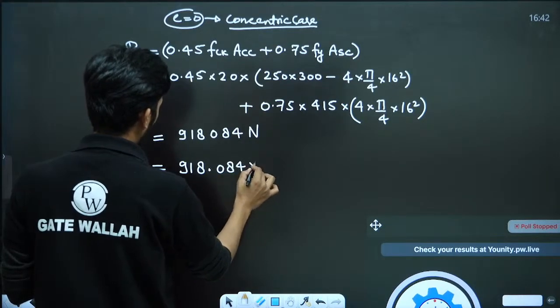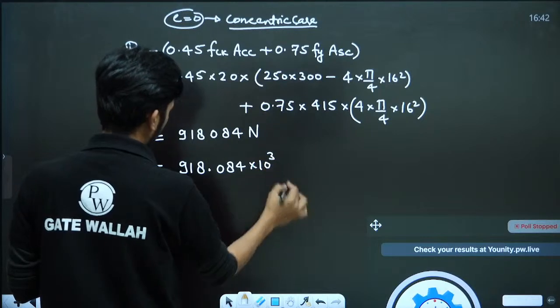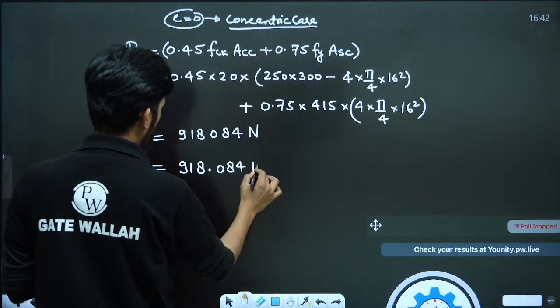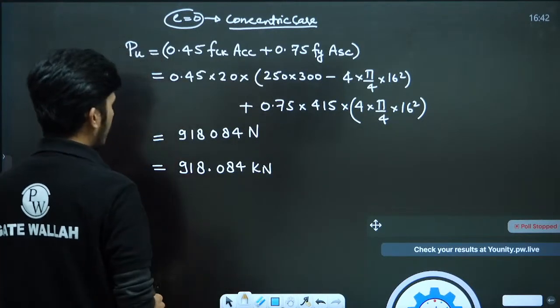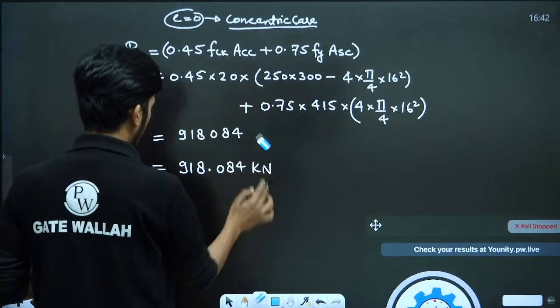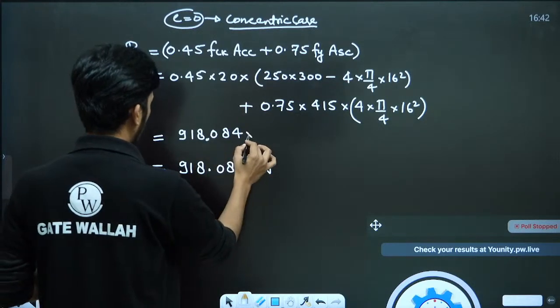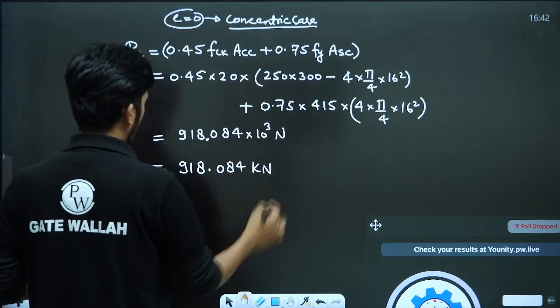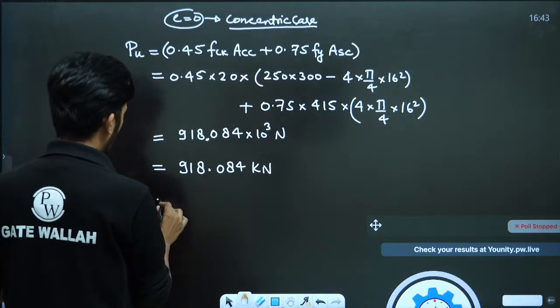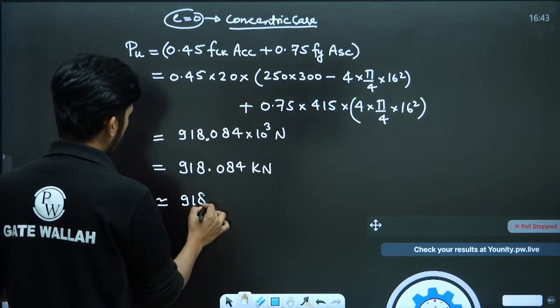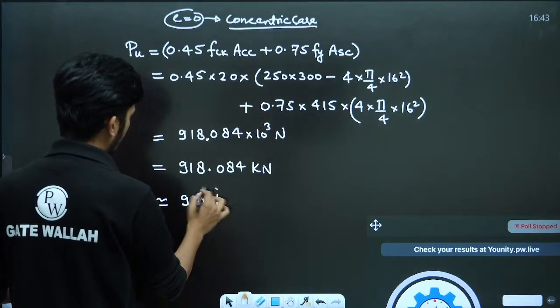We can say it is 918.084 into 10 raised to power 3 Newton, so 918.084 kilonewton.